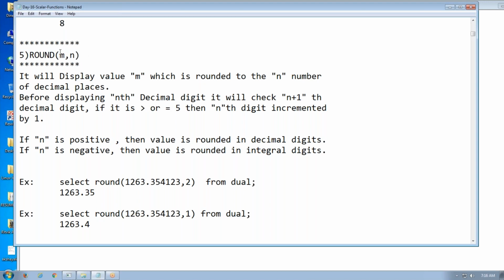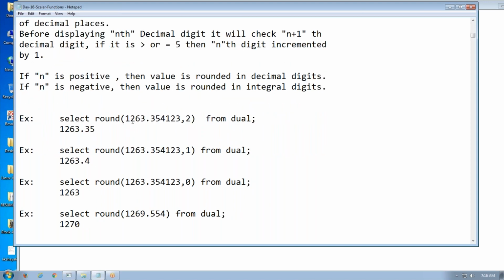It will display the m value, the given value, after rounding it up to this number of decimal places.